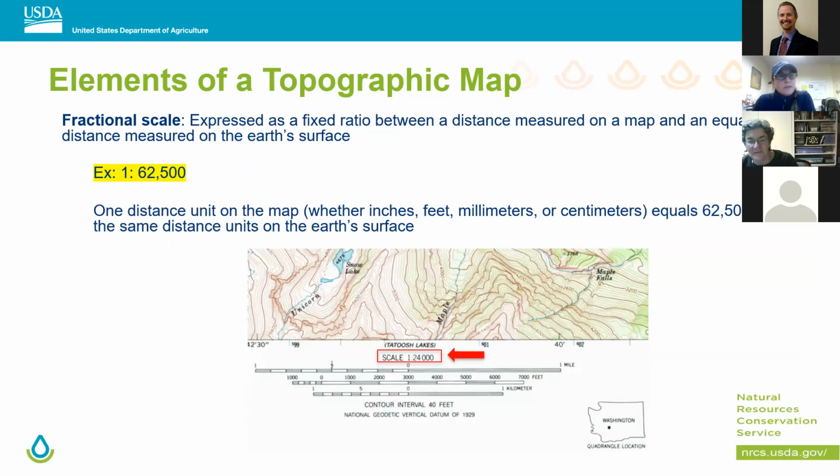The fractional scale is, again, a ratio between distance measured on the map and what's on the Earth's surface. It should spell out, and typically it does, an inch equal to the same distance of units on the ground.